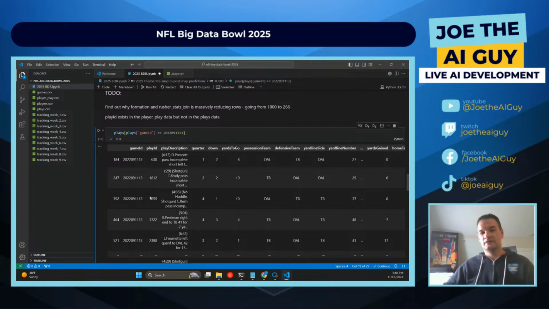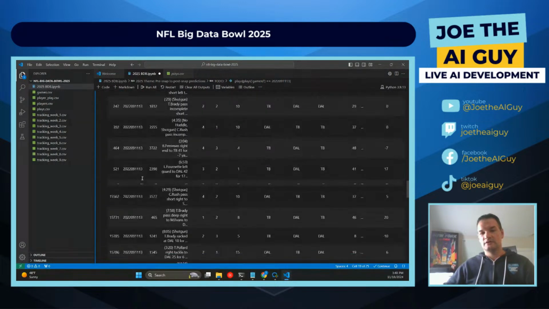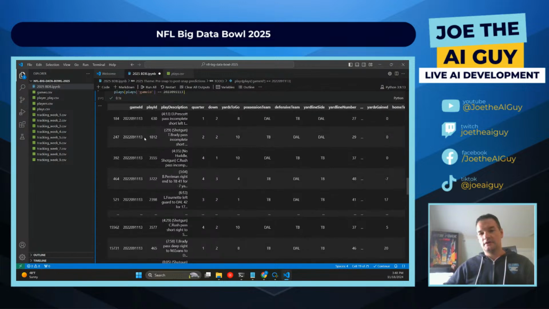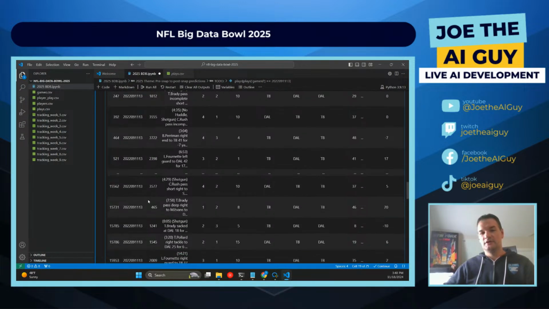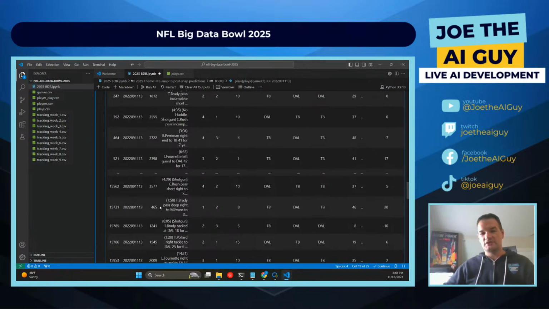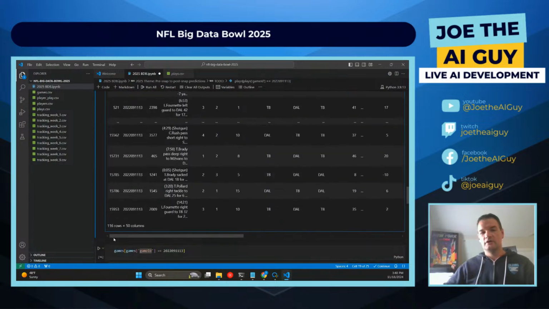And you can see here, the ID jumps around in terms of where it is in the table. Like a play earlier in the game, the first row, has play number 631, but then later we have 465, right? Not exactly in any type of order, which makes it harder when we're searching through here. What we do see is for that game, there were 116 plays that were recorded in the data.